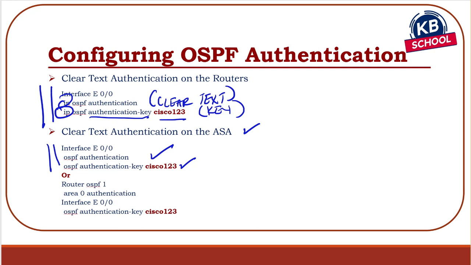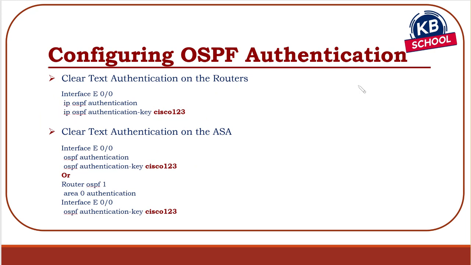Now, the other thing that I told you about was you could potentially enable the authentication on the area, under the routing process. What that basically means, and this is very critical to understand, is that when I say area 0 authentication, it does not mean all routers in area 0 need to be authenticated based on OSPF.